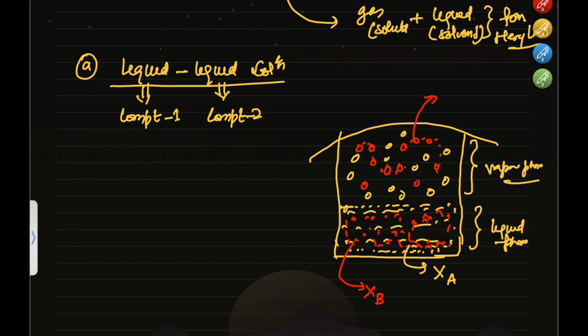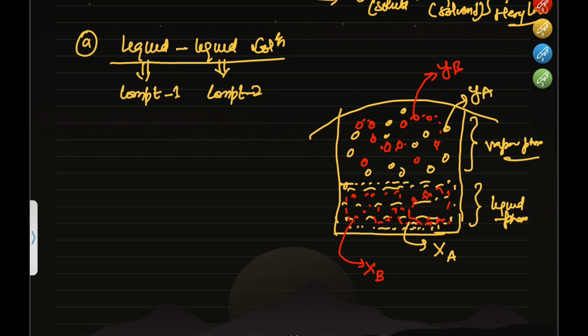Similarly, the mole fraction of component B in the vapor phase is Y_B and of component A in the vapor phase is Y_A. Okay, so the partial pressure, मतलब vapor pressure of the component in a mixture, is denoted by the partial pressure of the component.